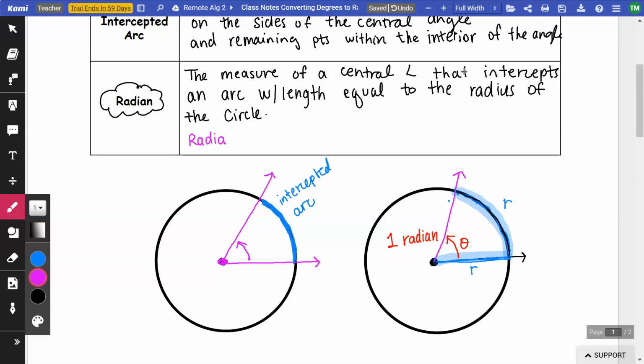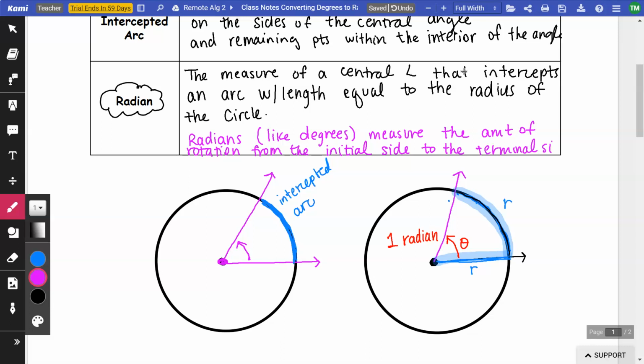So let's just make a note of that for ourselves. Radians are like degrees, they measure the amount of rotation from the initial side to the terminal side of an angle.